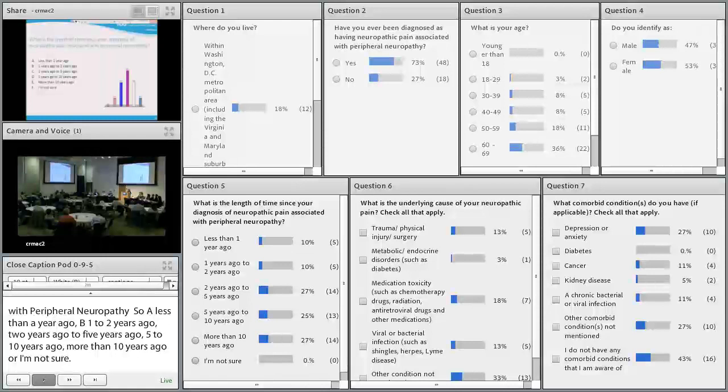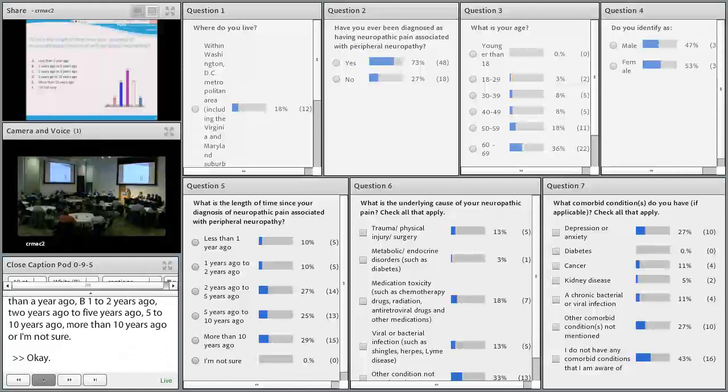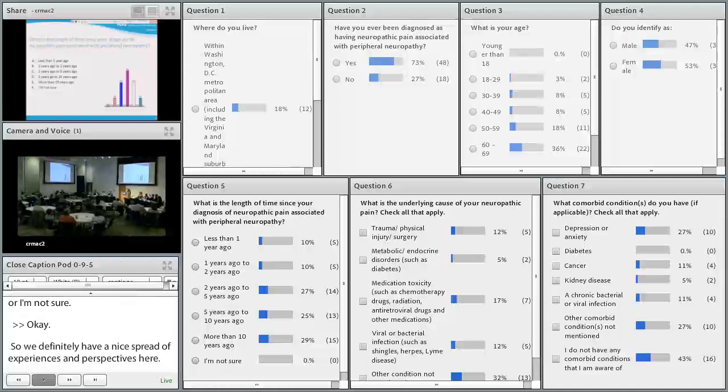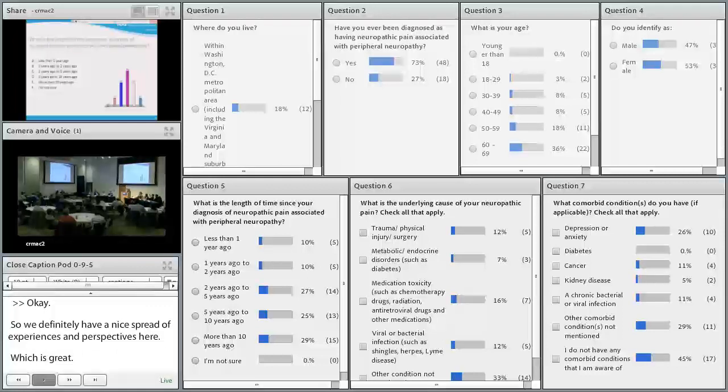Okay, so we definitely have a nice spread of experiences and perspectives here, which is great. Everywhere from 1 to 2 years ago all the way over to more than 10 years ago, and some that have identified that they're not sure when the actual neuropathic pain was diagnosed. Okay?